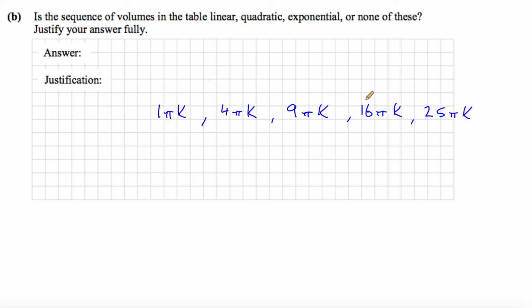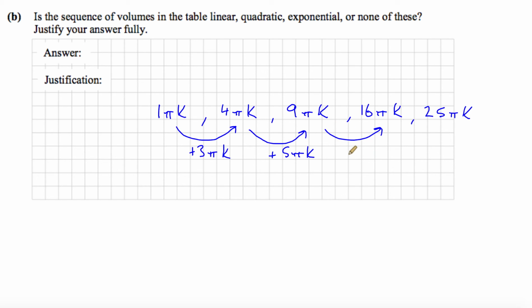Okay, so if we're going to check what this sequence is, the first thing we can check is if it's linear. So if it's linear, the difference between the terms would be a constant. So let's have a look here. To go from 1 pi k to 4 pi k, that would be a jump of positive 3 pi k. And to go from 4 pi k to 9 pi k would be positive 5 pi k.